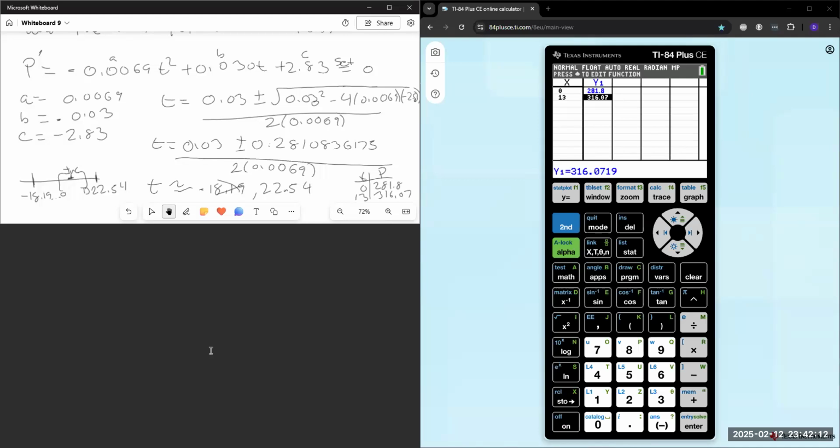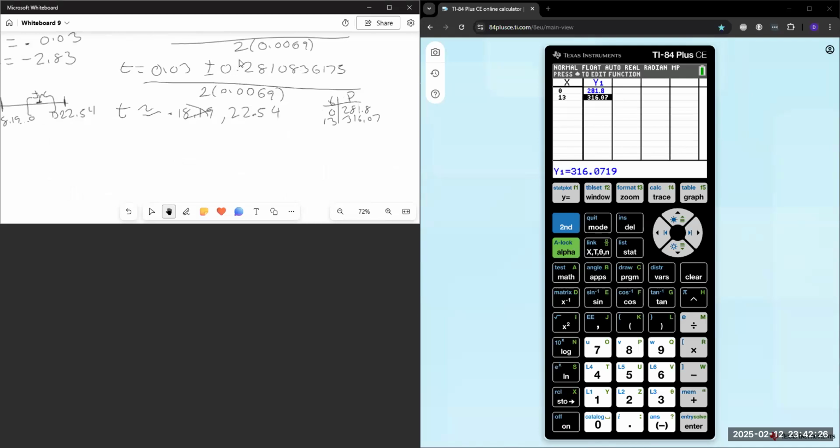So the maximum population will be 316.07 million people, and my minimum population will be 281.8 million people.